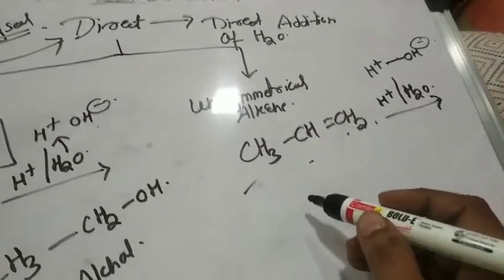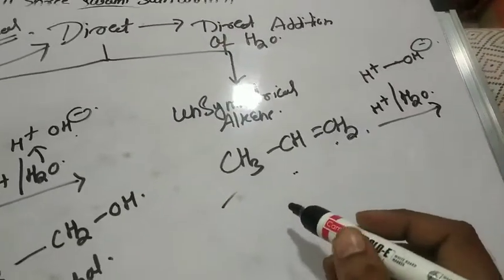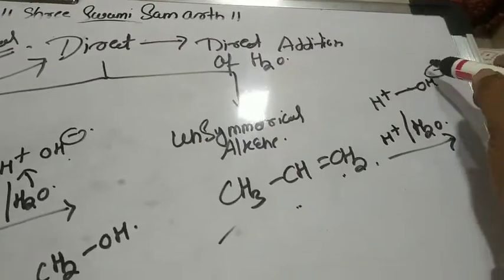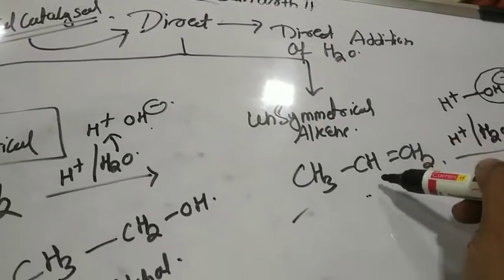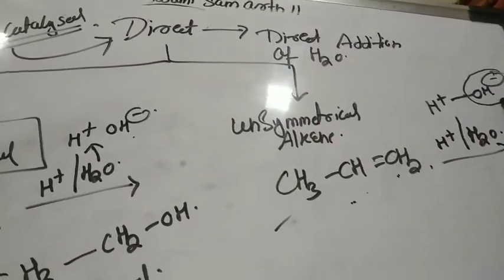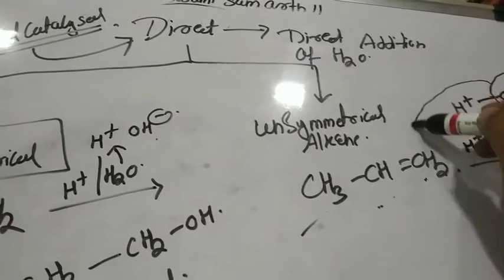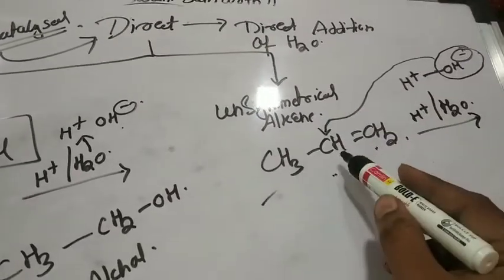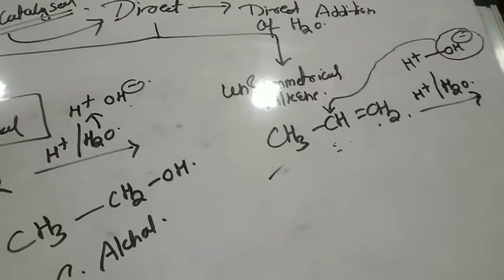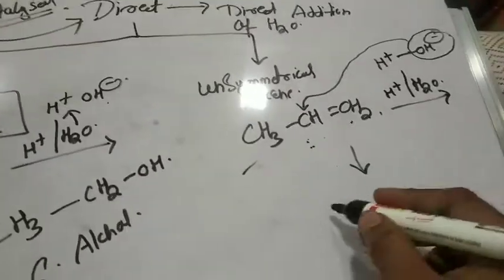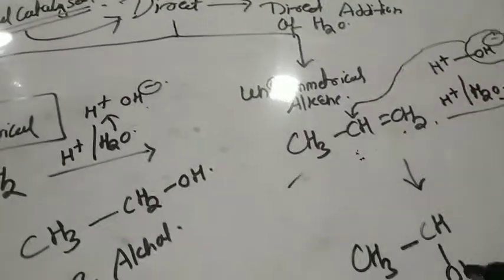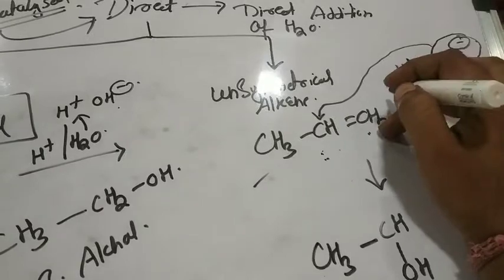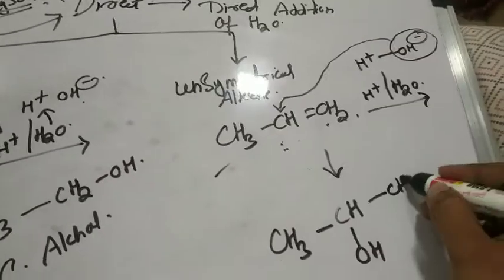Markovnikov's rule says that whenever a particular unsymmetrical reagent is added to an unsymmetrical alkene, the negative part of the reagent will get added to that carbon atom which contains fewer hydrogen atoms, right? So here the possible product is CH3, the OH- will get added over here, so CH, OH, and this H+ will get added to this CH2, so it will become a CH3.